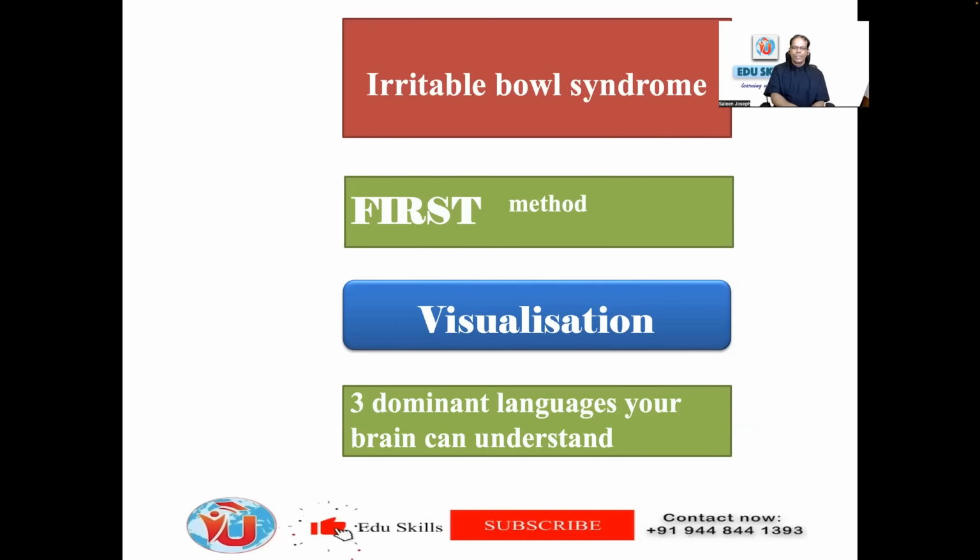So 3 dominant languages here that your brain can understand. One is visual. Whatever you see or imagine or visualize, your brain will understand better, grasp better. The other one is auditory memory, as we call it. Auditory memory means you are listening to something. Some people easily capture the listening part, or if you listen to my lecture, you remember better.